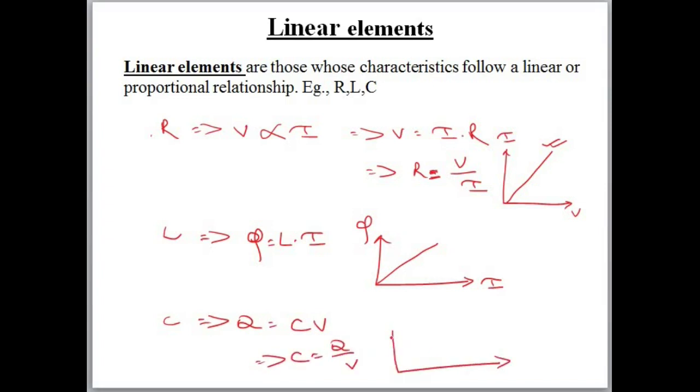In this case also, Q will increase as V will increase. So in a resistive circuit, inductive circuit or capacitive circuit, there is a linear relationship. In resistance, it is between V and I. In an inductive circuit, it is between phi and I. And in a capacitive circuit, it is between Q and V. There is a linear relationship, so it is called a linear element.